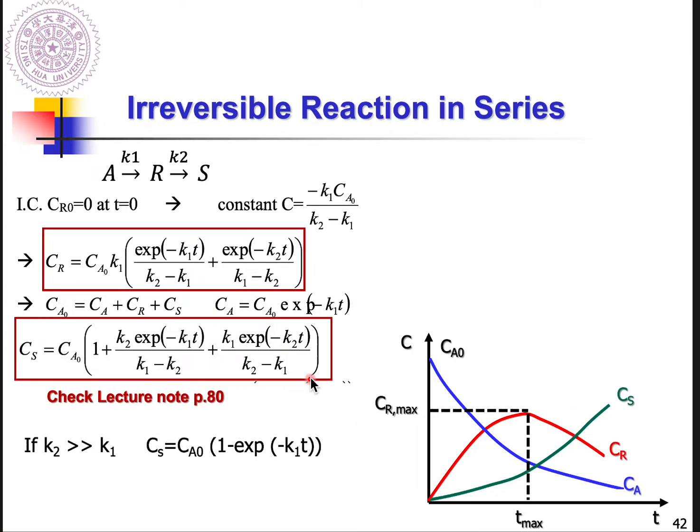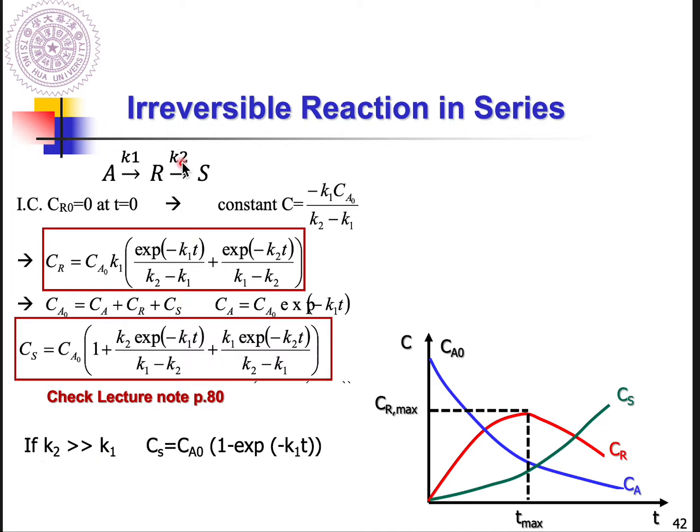So next, we are going to try to convince you that what you learned from the previous slide, that in a series reaction the slow path always dominates. We want to confirm this description based on this derivation.